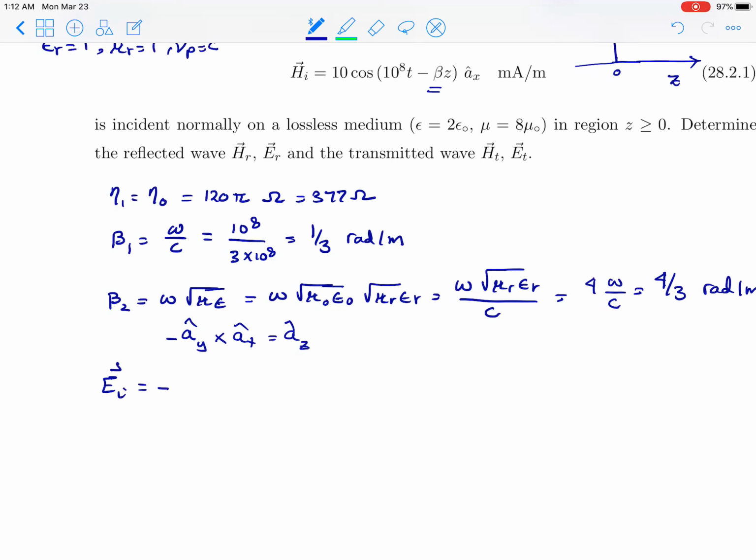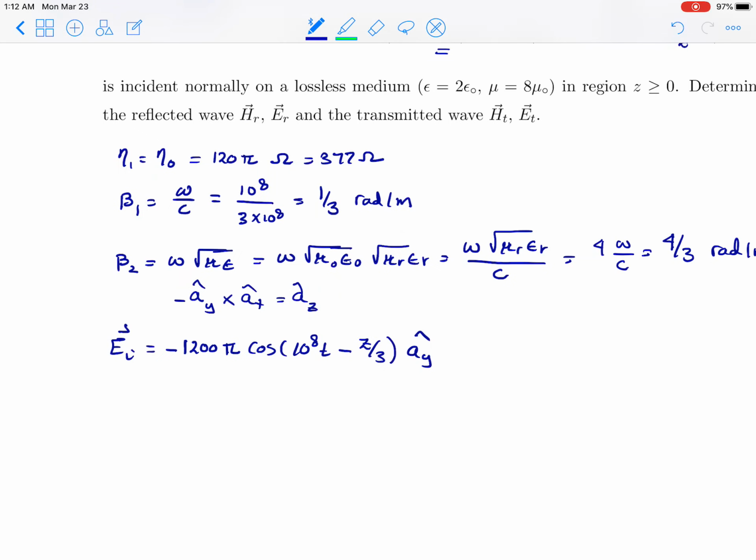Therefore, the incident electric field should be negative 10 times 120 pi, which is 1200 pi, cosine, we know omega 10 to the power 8 t minus beta 1 z, which is z divided by 3. This one should be along the negative AY.